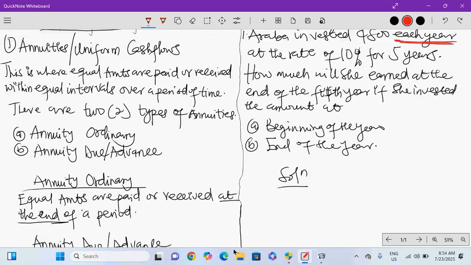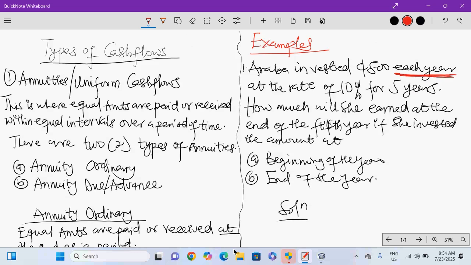So now the next question is, we know it is an annuity question, so we are going to use the annuity present value or the annuity future value. Know that the present value of a single cash flow is different from the annuity. An annuity is when you are making a constant, uniform cash flow within equal intervals.